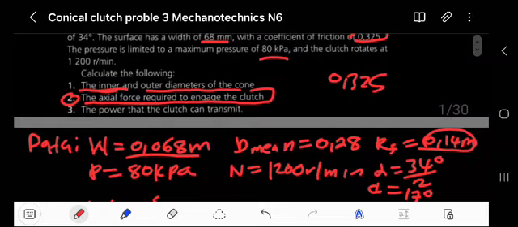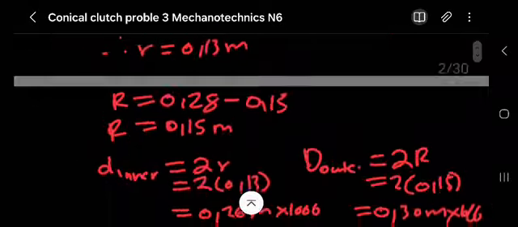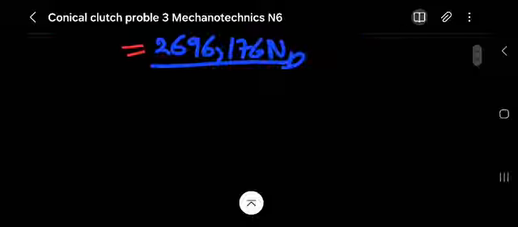Then let's check another question there. Number 3 says the power that the clutch can transmit. The power, guys. Power is equal to 2 pi NT over 60. We don't have the torque, which is limiting our answer.